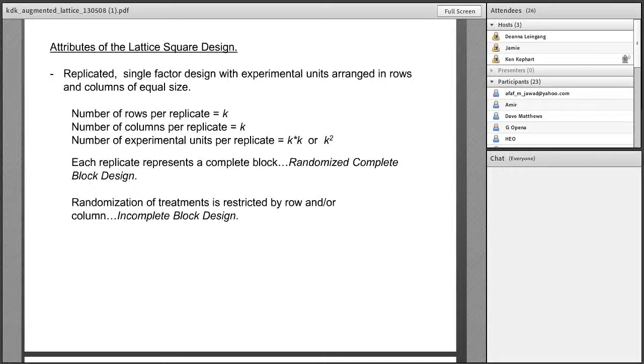They were the individuals that developed the type 1 and type 2 modified augmented designs, and actually published a paper comparing performance of a replicated modified augmented design against balanced lattice square designs, and that's an interesting read as well if you're interested in using either a modified augmented design or comparison with a balanced lattice square design.